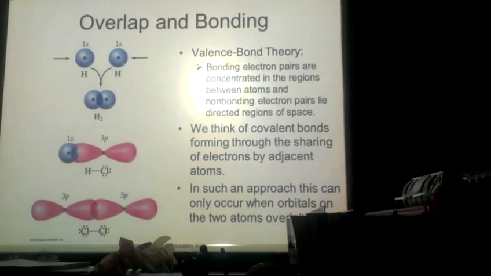As the orbitals overlap, the electrons in the overlapping region are simultaneously attracted to both nuclei. This hydrogen may have given its electron, but because of the overlap, that electron is attracted by the nucleus over here. The same goes for the electron given by this 1s orbital to the nucleus over here. But they are also going to experience some type of repulsion. So we think of covalent bonds as formed through sharing of electrons, because of these overlaps.